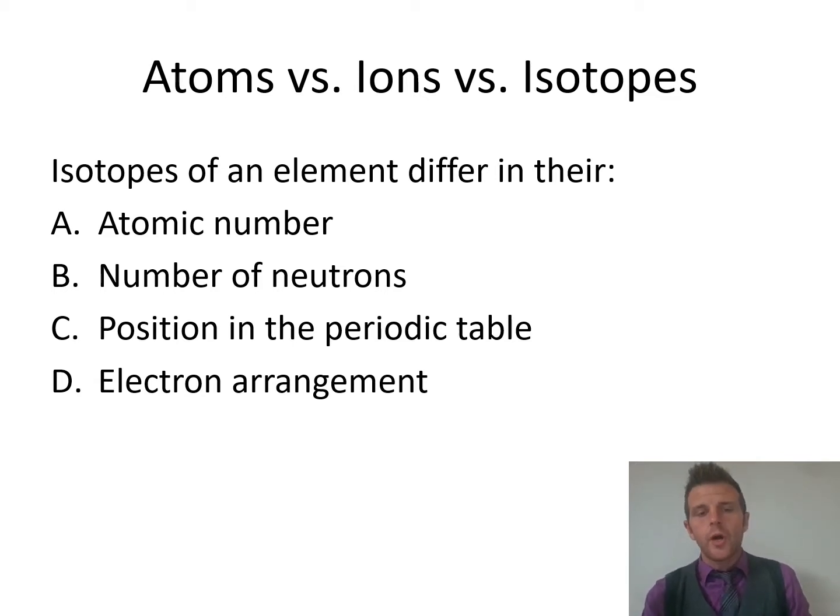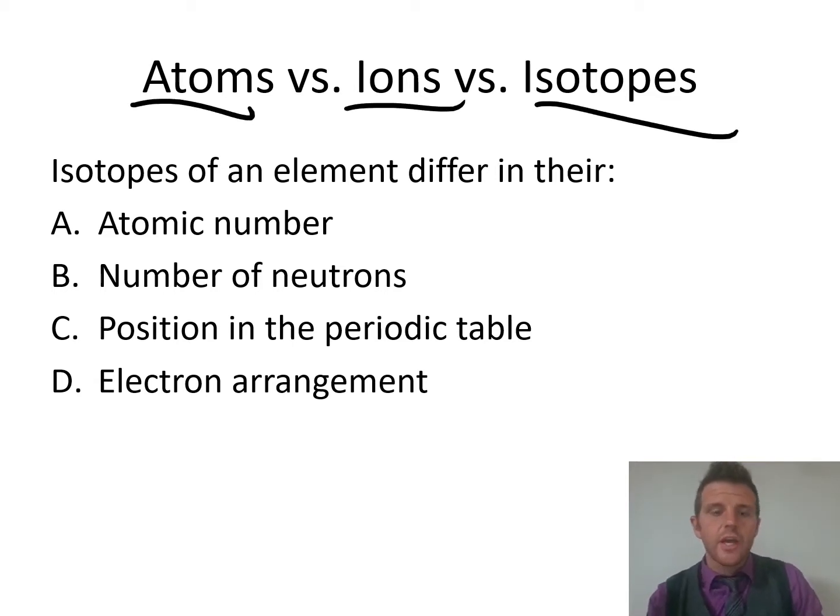Isotopes of an element differ in their atomic number, number of neutrons, position on the periodic table, and electron arrangement. What this is really hinting at is, do you know the difference between these three things? Atoms, ions, and isotopes.